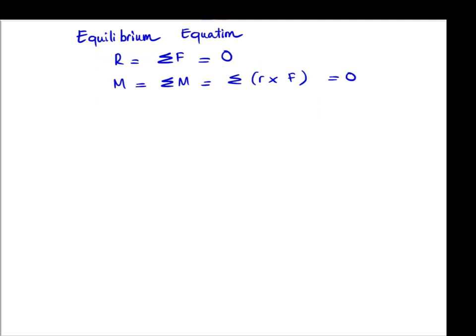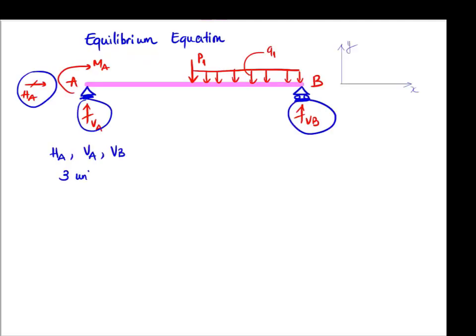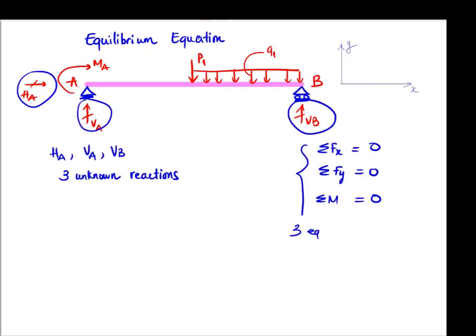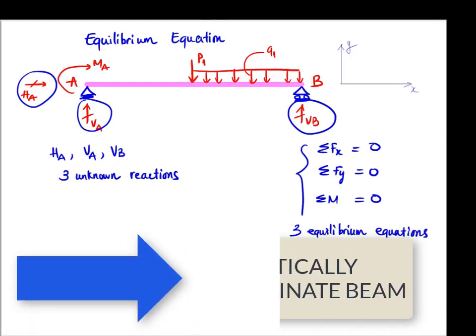If the number of unknown forces is equal to the number of independent equilibrium equations, it means those equations are sufficient to solve for all unknown reactions or internal forces in the body, and the problem is referred to as statically determinate.